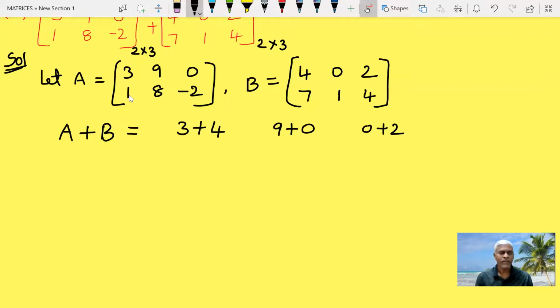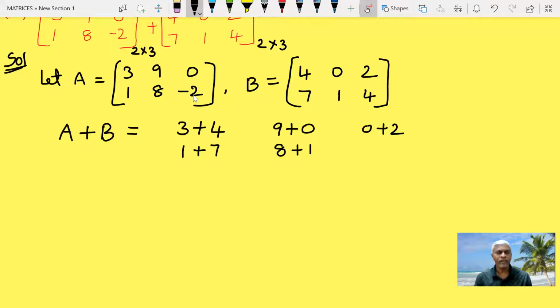Similarly, in the second row, the first element is 1, and the corresponding element for this 1 is 7. The second row second element is 8, and corresponding to 8 is 1.